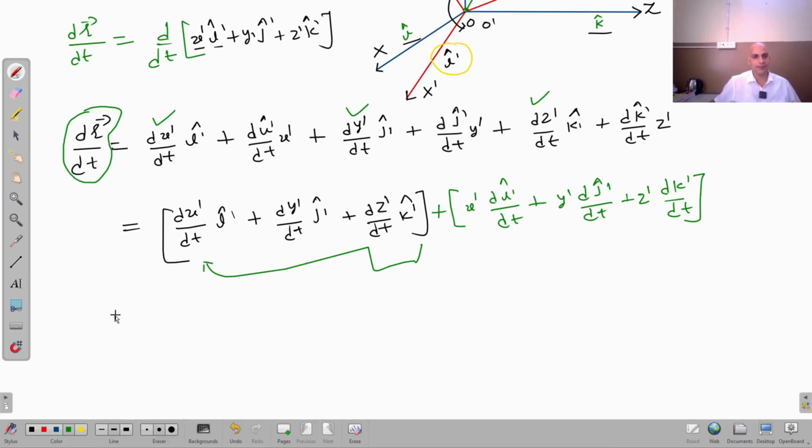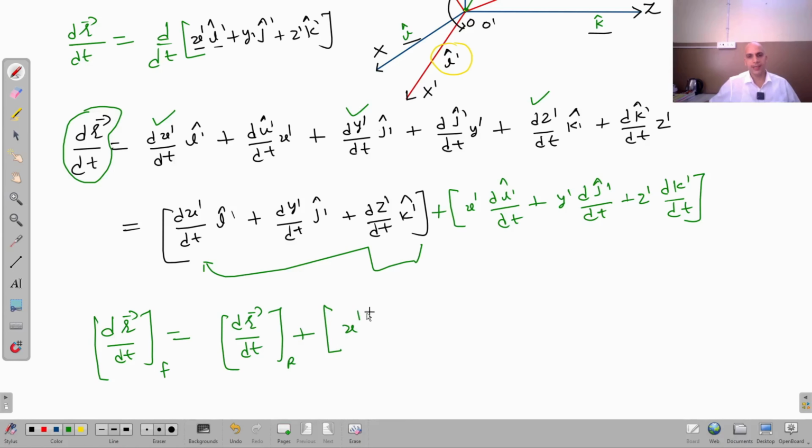So in that case, I can write dR upon dt for the fixed observer equals dR upon dt for the rotating observer, plus x dash di dash upon dt plus y dash dj dash upon dt plus z dash dk dash upon dt.